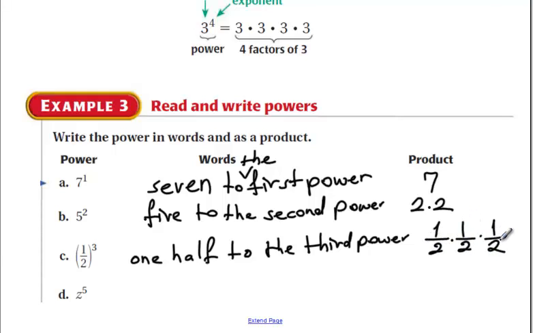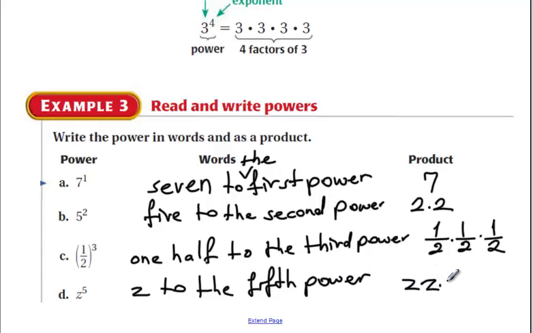And also, instead of the third power, we can use cube. The last one is z to the fifth power. It means we have to multiply 5 z's.